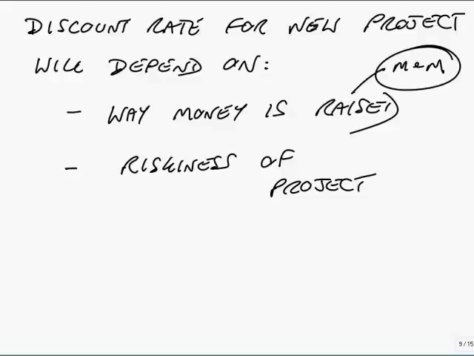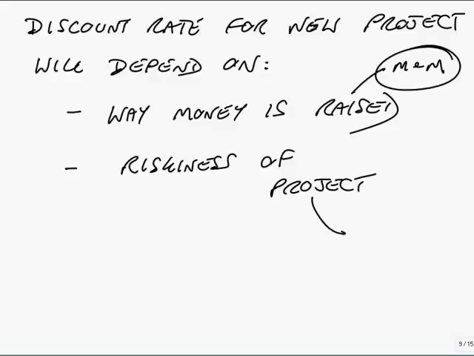The other side of it, though, the riskiness of the project, is where another theory appears. Obviously, I've got to go through it, and I will. But to decide the return we need to know how risky the project is. Well, there is theory that will tell us, for this risk, what return we need.